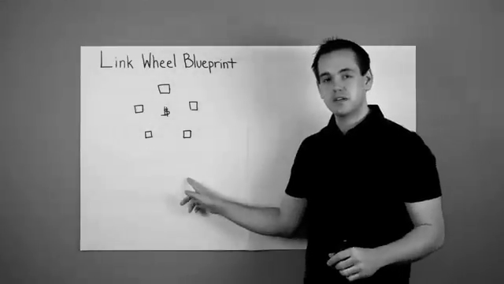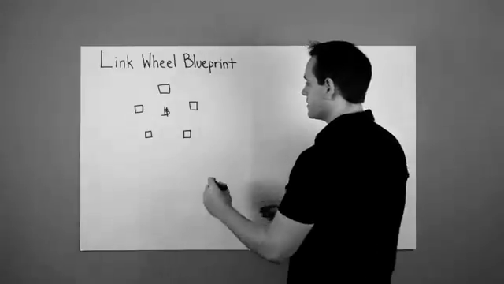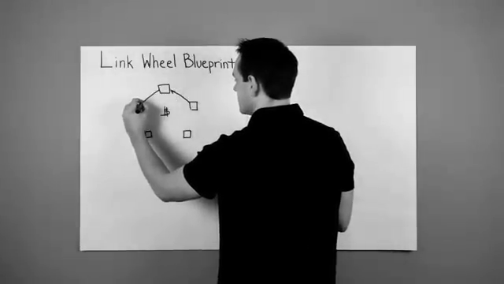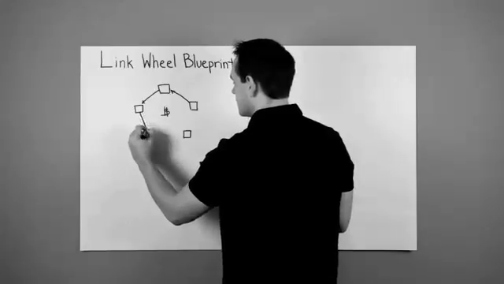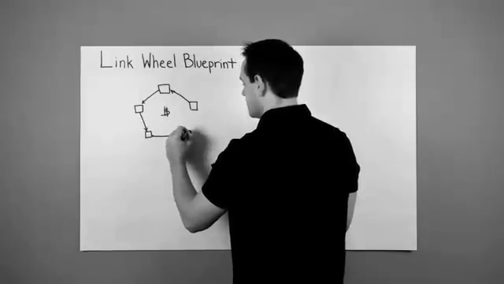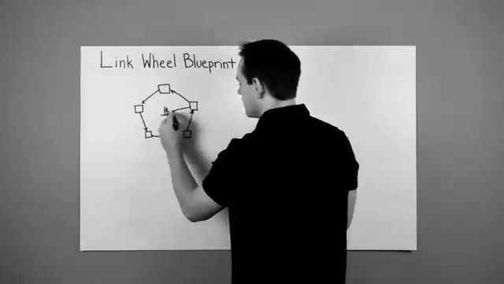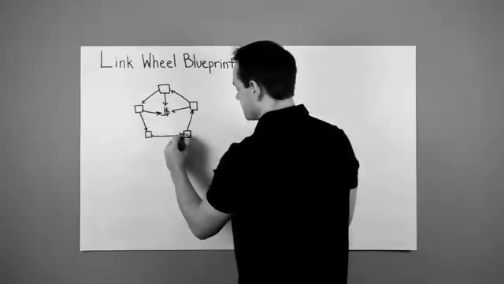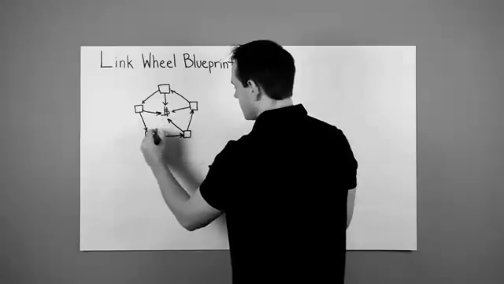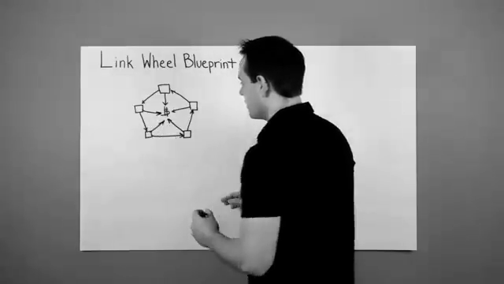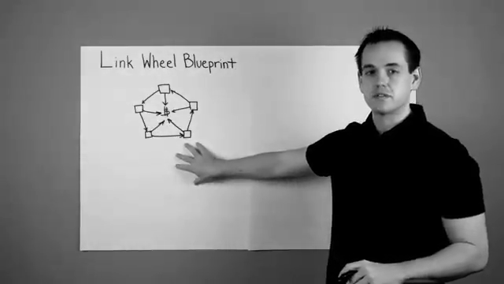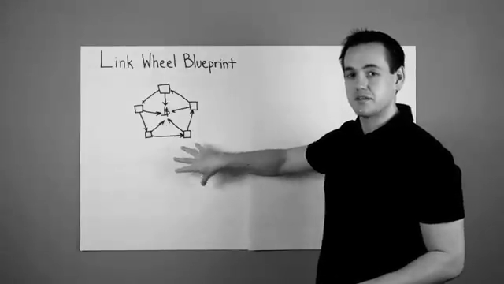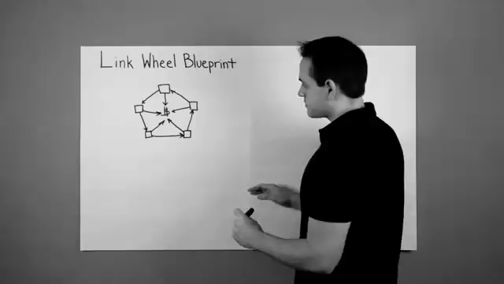And the old way to make a link wheel was you would basically link these properties together, and then you would link them all down to your money site. Now this is the old way of doing a link wheel, and I'm going to show you my improved strategy that I find is a lot more effective in the search engines.